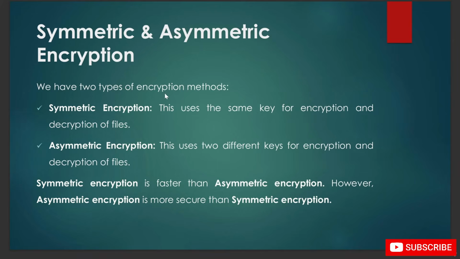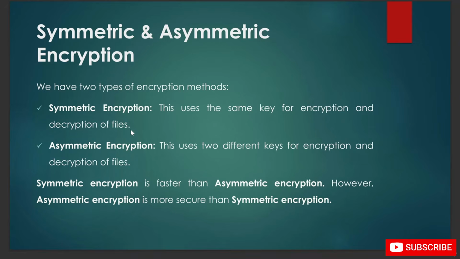Now we have two types of encryption methods, all right? From the previous video, we talked about encryption and decryption, right? Okay, so now under encryption, we have two types of encryption. We have symmetric encryption and asymmetric encryption. Now, symmetric encryption uses the same key for encryption and decryption of files.